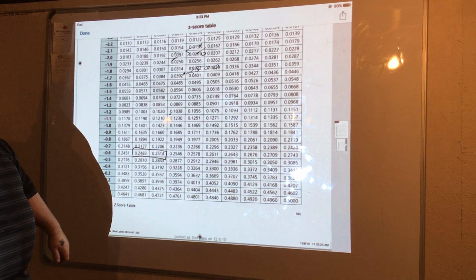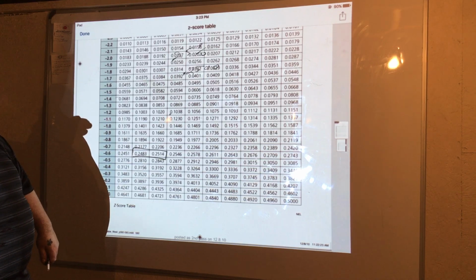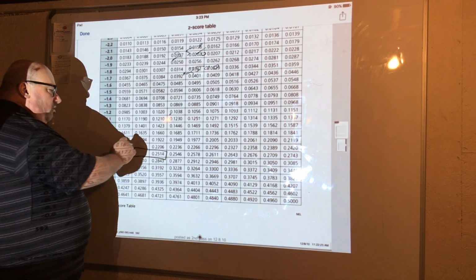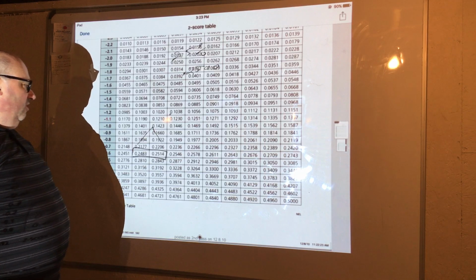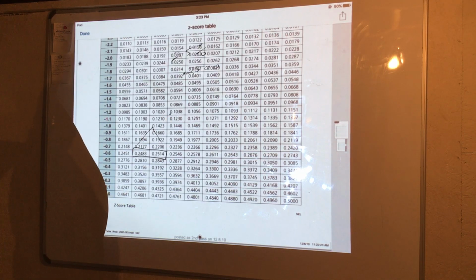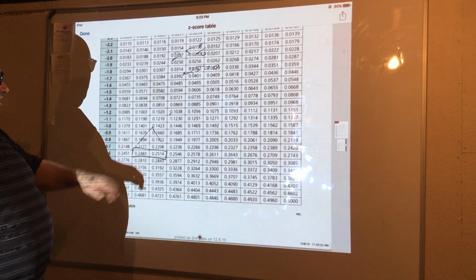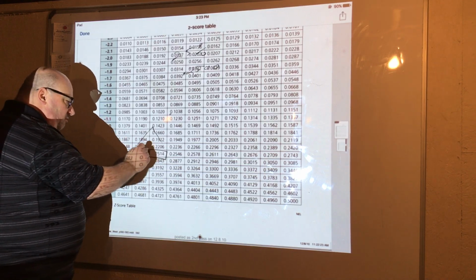Now here's the problem: there is no 0.2500. So what we're going to do is take these two values, well, actually these two z-scores. What z-score would give me a value of 0.2483, this first one?